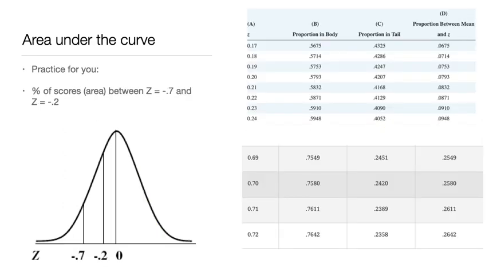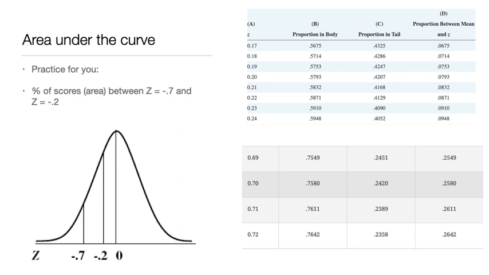So this one is asking for the percent of scores, the area between two different z-scores. So here we're asking the area between z-score of -0.7 and a z-score of -0.2. Now, if you look at your unit normal table, there are no negative numbers on your unit normal table, and that is because our distribution is symmetrical.